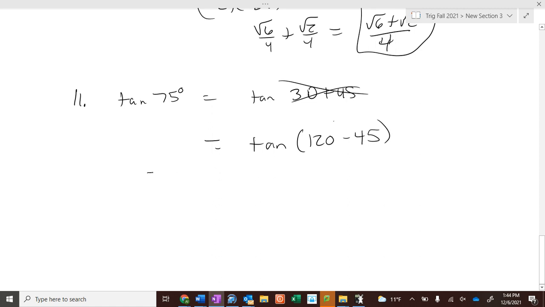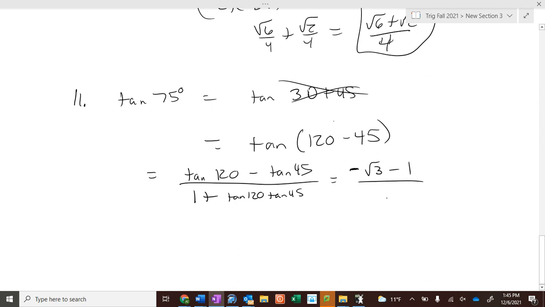Okay? So this equals the tangent of 120 minus the tangent of 45 over 1 plus the tangent of 120 times tangent of 45. Tangent of 120 is negative what?